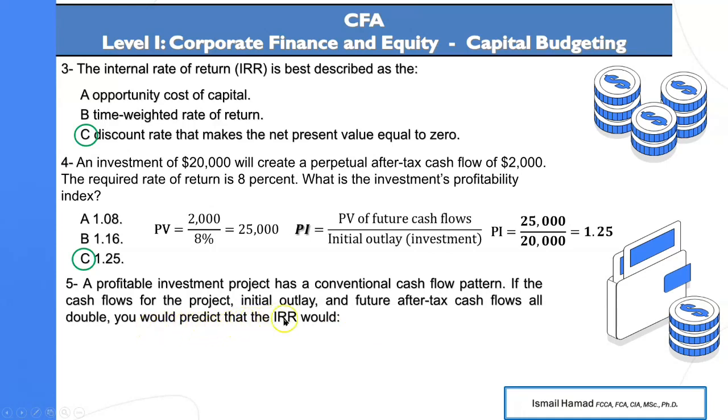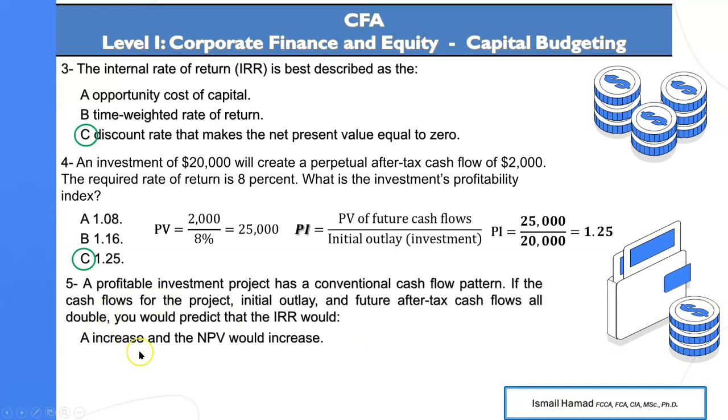you would predict that the internal rate of return would increase and the net present value would increase. Yes, the net present value will increase because you are doubling the cash flows. But return, IRR, internal rate of return, is always fixed even if you double the amount, unless sometimes you double and sometimes you increase by less than double.